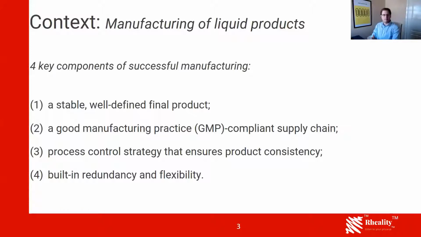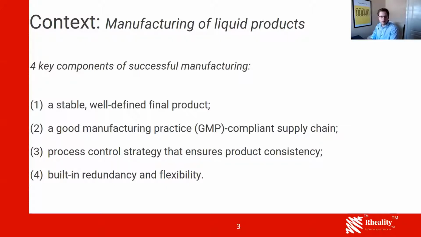So we are moving in the area of manufacturing liquid products, and that can be anything from, my background being dairy, a product like a yogurt, or in the agricultural context, something like a slurry or sludge waters or something you want to spray in your fields. There are four key components of successful manufacturing.